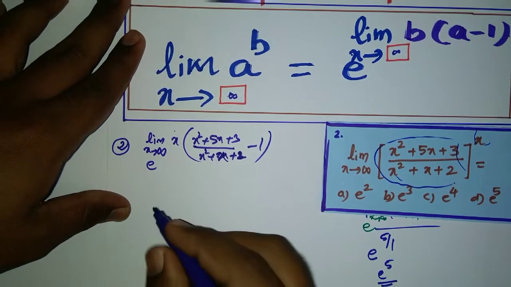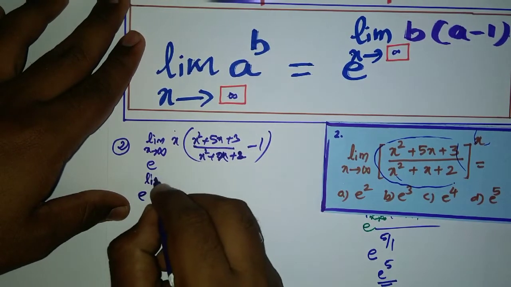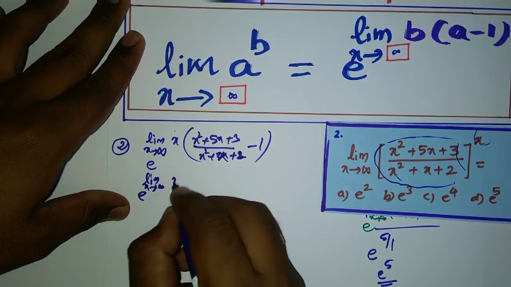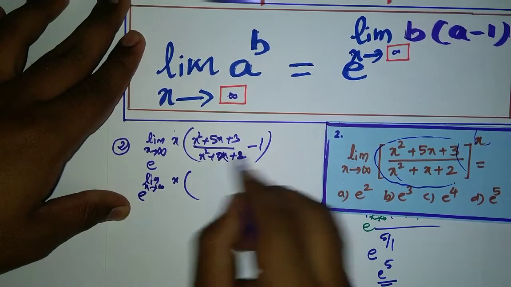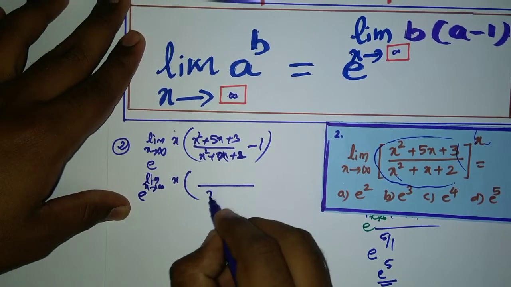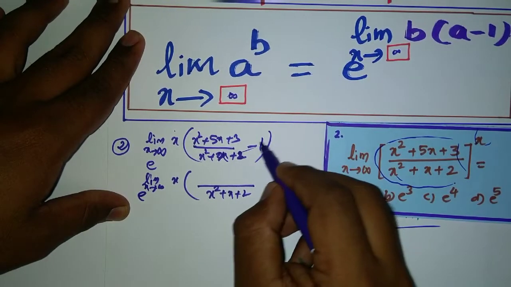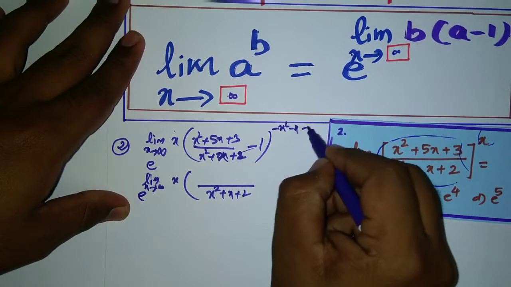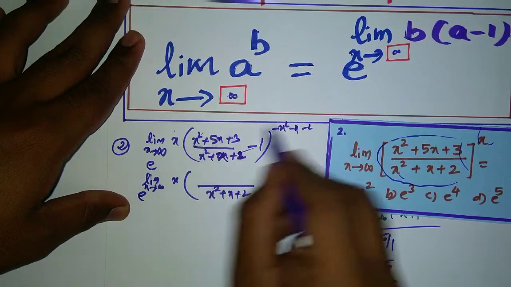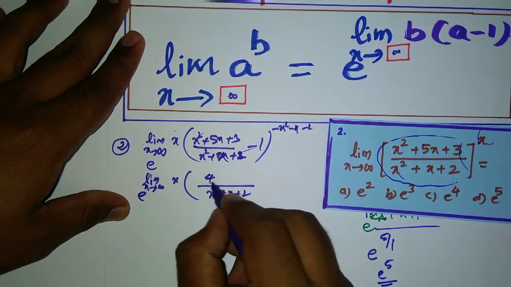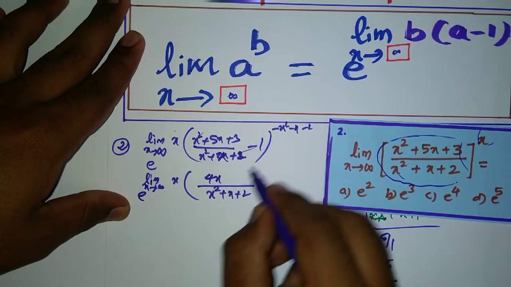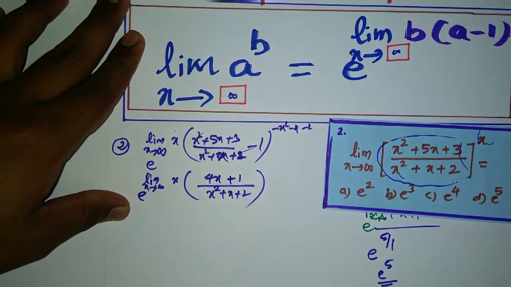For the denominator part, the LCM is x square plus x plus 2. If I multiply, it becomes minus x square minus x minus 2. X square cancels, 5x minus x is 4x, and 3 minus 2 is plus 1.